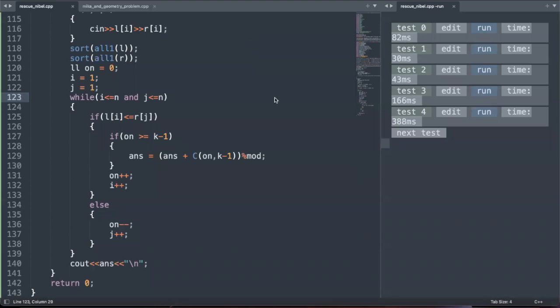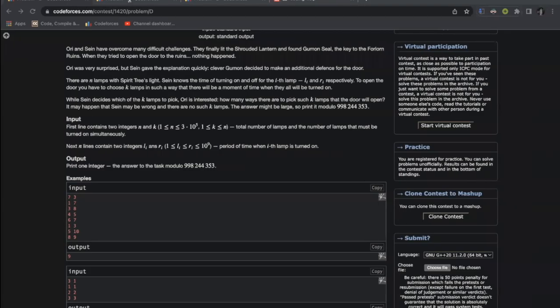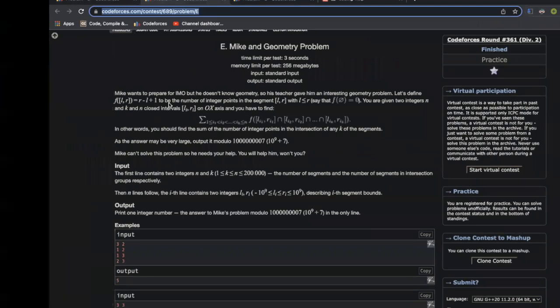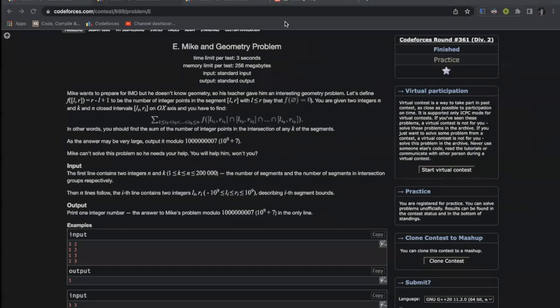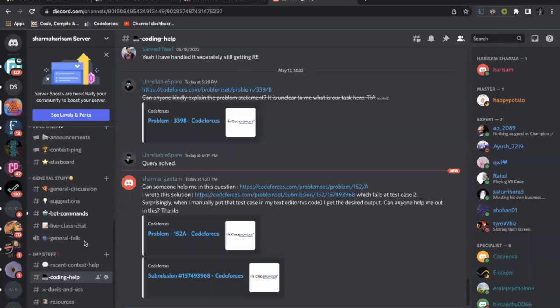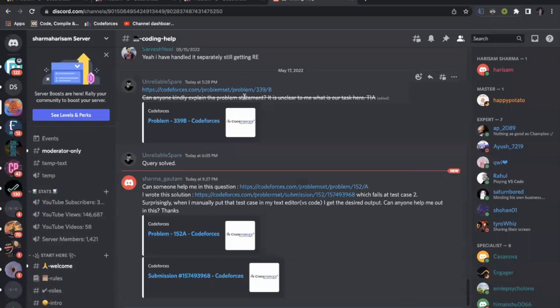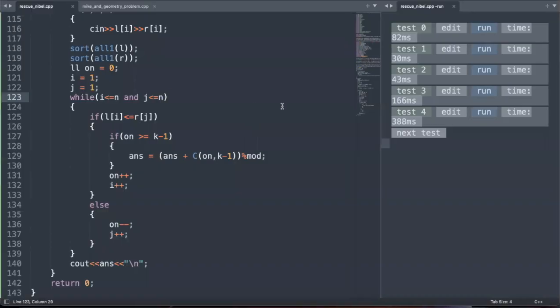Only the expression is different, right? In this problem, only the expression that we are adding to our answer will be different. So I just need this expression. Can anyone tell me what will be the expression? No ideas?